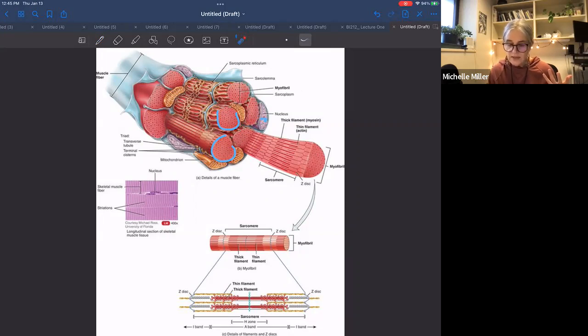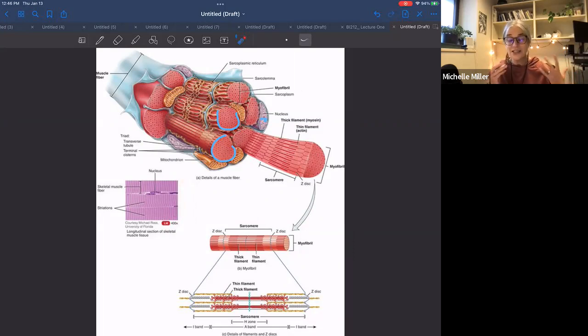The myofilaments are arranged in a particular order. We're going to talk about that in the next lecture, that are the actin and the myosin. So the actin and the myosin are the thick and the thin filaments in this diagram. So the arrangement of these actin and myosin is the reason why skeletal muscle looks striated.